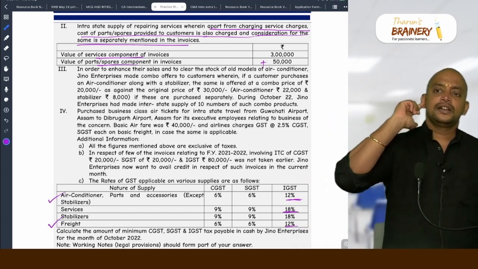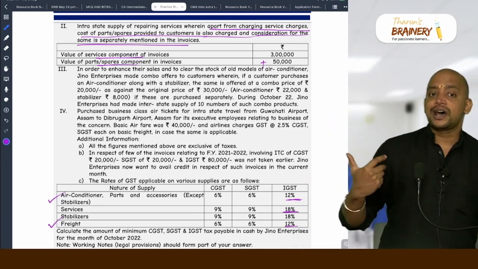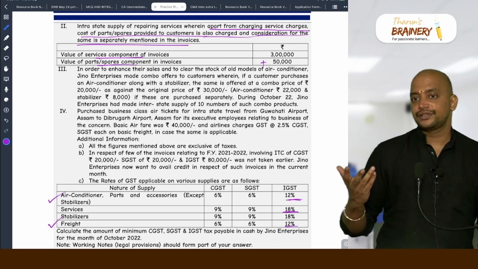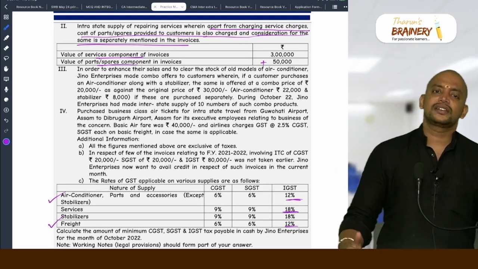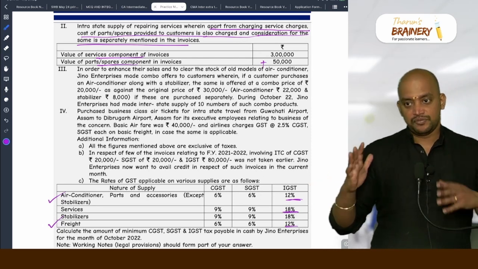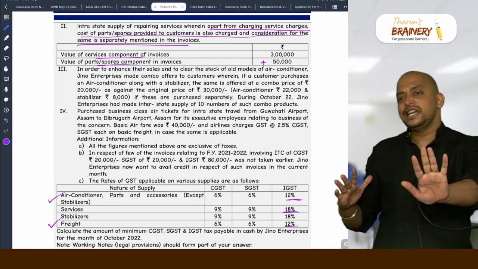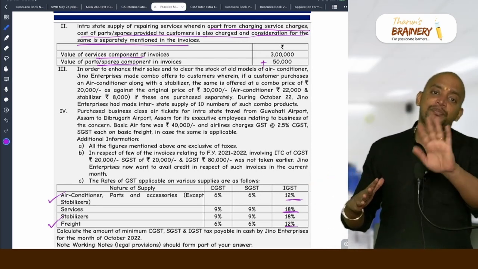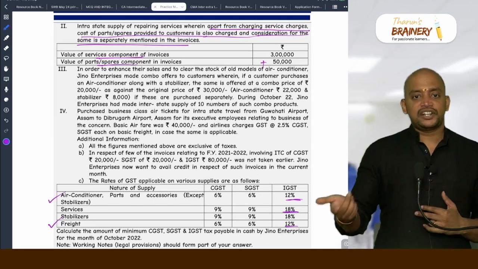Listen, sometimes the part may be used, may not be used. So it is not a composite. Correct. Not every repair involves a change in part. Sometimes I will do only repair, sometimes I will do repair plus replacement of part.